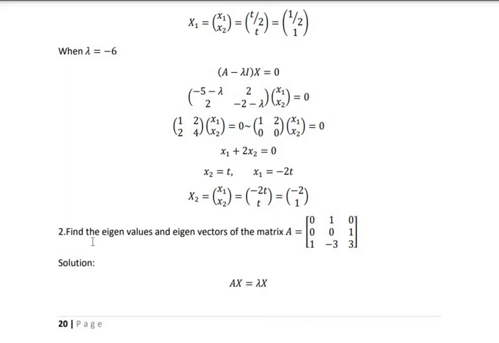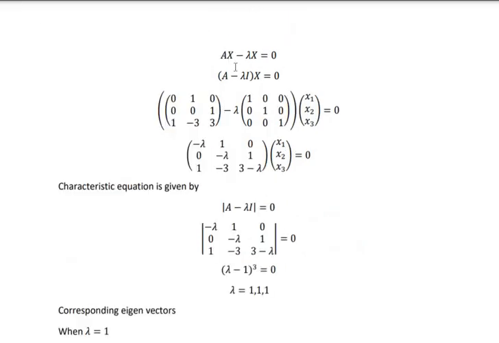So next question: find the eigenvalues and eigenvectors of the given matrix A is equal to 0 1 0, 0 0 1, 1 minus 3 3. So we can find the solution. We can take Ax is equal to lambda x, that is Ax minus lambda x is equal to 0, so (A minus lambda I) of x is equal to 0.